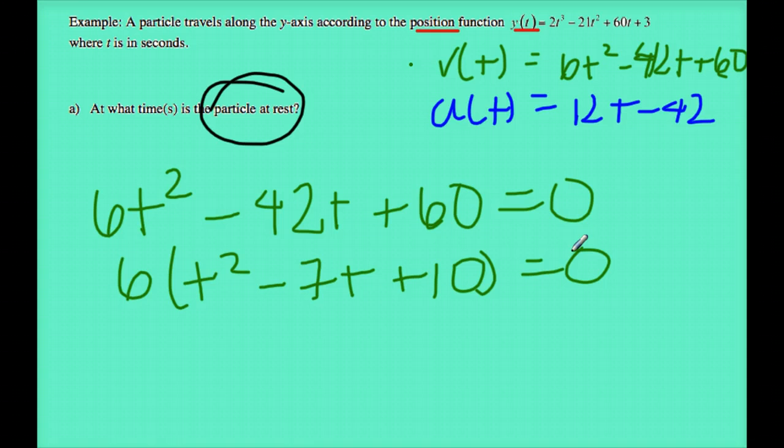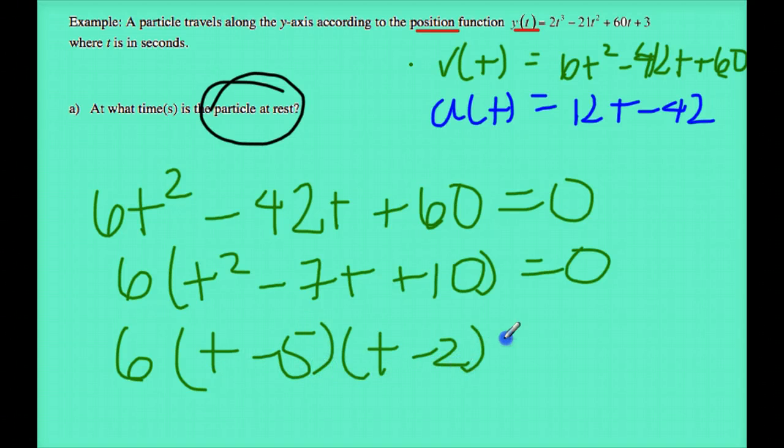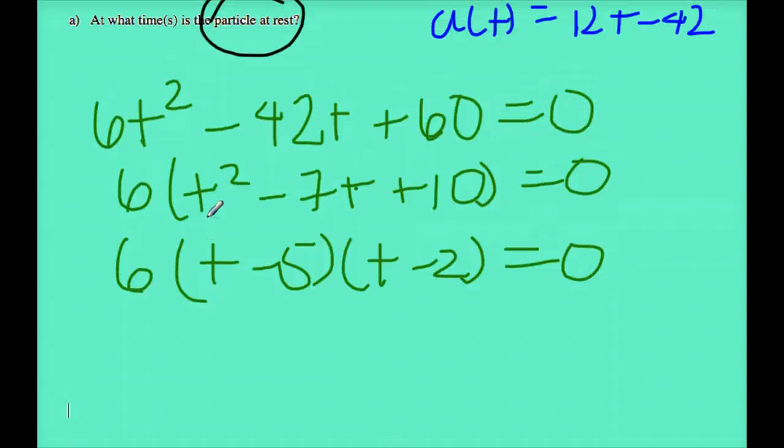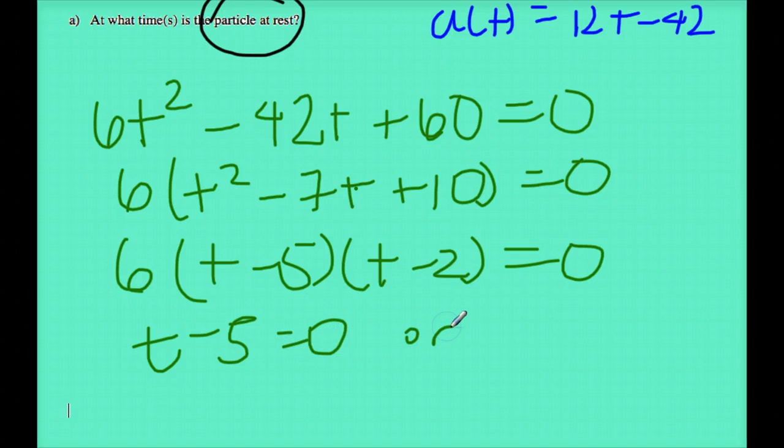And if I do some of my math, what I'm going to get is 6 times t minus 5 times t minus 2 is equal to 0. So I can see that it is possible to get more than one time. So if I continue to solve this, I'm going to get t minus 5 is equal to 0, or t minus 2 is equal to 0.